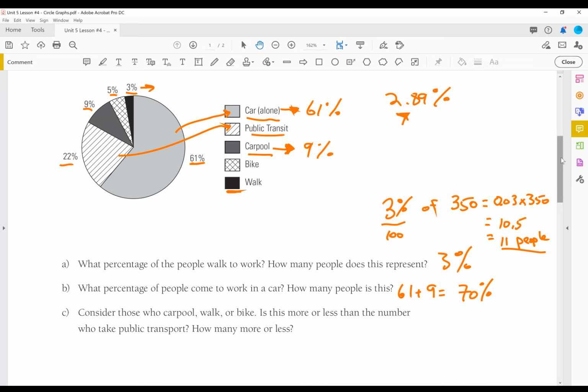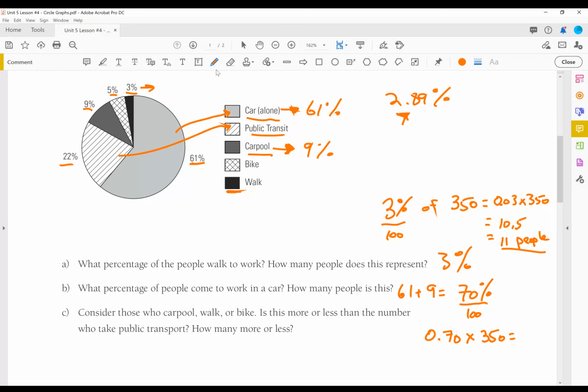So to find the number of people, I'm going to take 70%, divide it by 100, which means I have 0.70. And then I'm going to multiply that again by the 350 people that I have total.